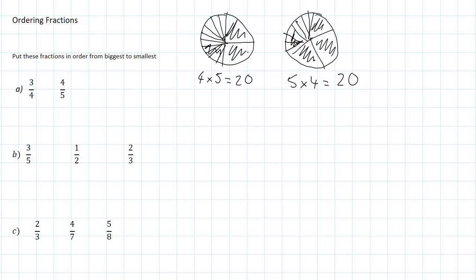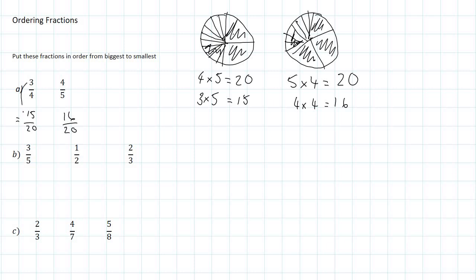Okay? And my numerators are going to be, well, here I had 3 times 5, it's 15. Now 15 out of 20. Here I had 4 slices, each split into 5, that would be 16 out of 20. Okay, and now we can compare them very easily.